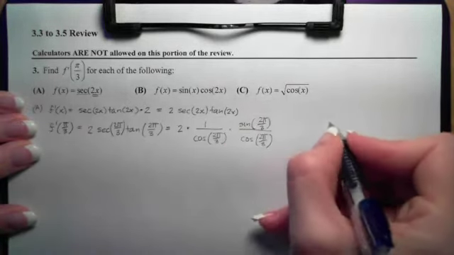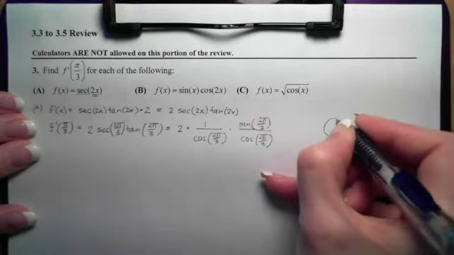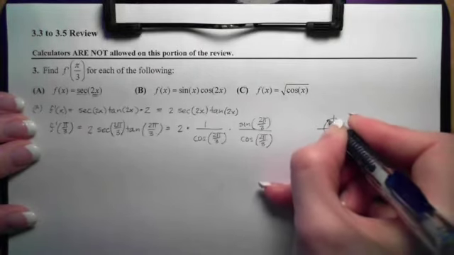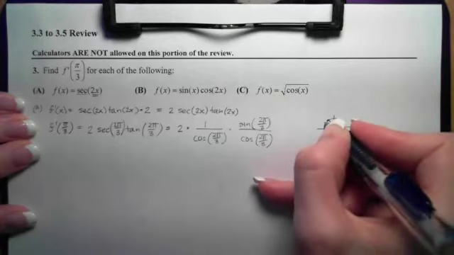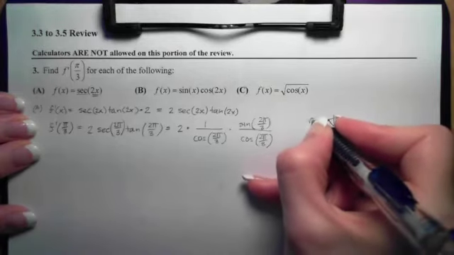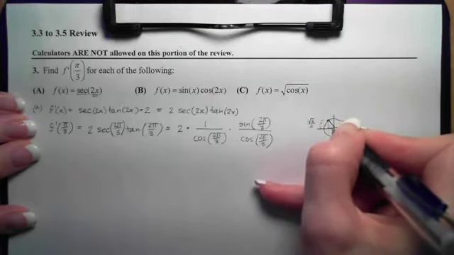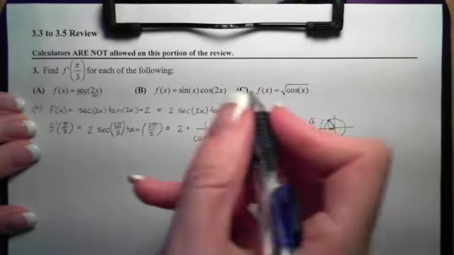So if we think about our unit circle, 2 pi over 3 is here. The sine will be the y coordinate, which is root 3 over 2, and the cosine will be the x coordinate, which is negative 1/2.